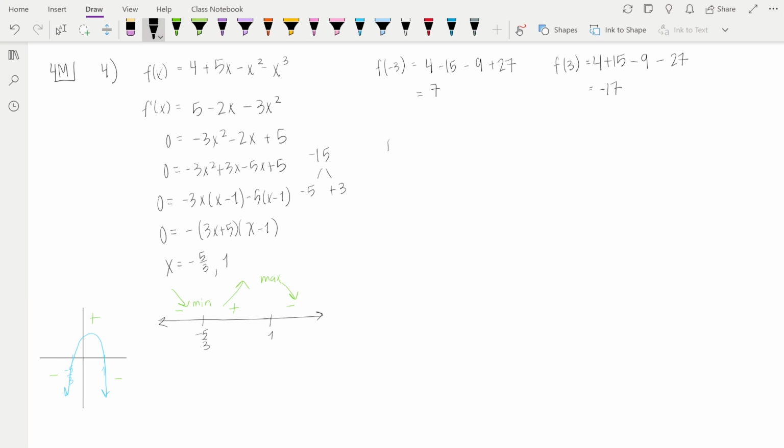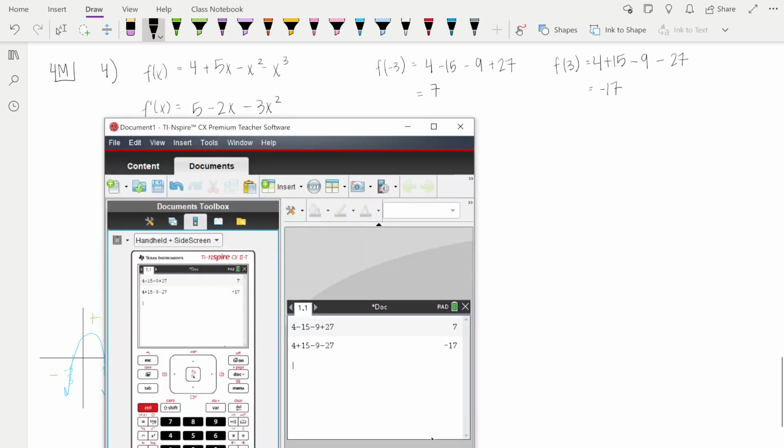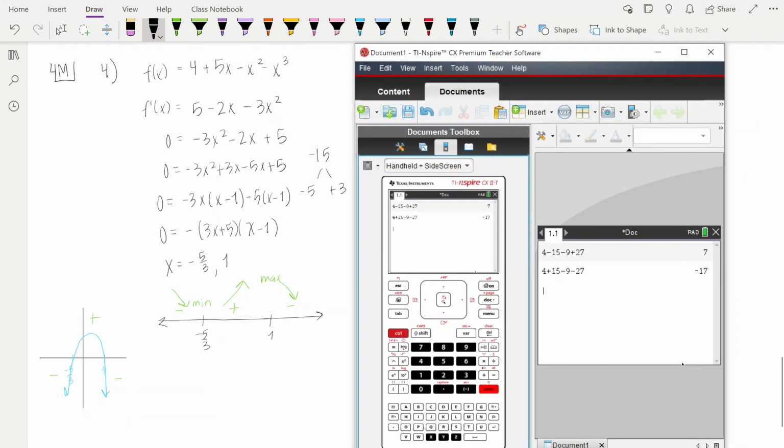So let's find out what f of -5/3 is. I'm not even going to attempt to do this by hand. You could, and I certainly could, but as far as time is concerned, I don't know that's the best use of my time. I have 4 plus 5 times -5/3, minus -5/3 squared, minus -5/3 cubed.